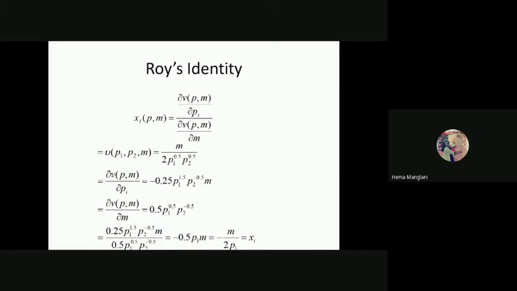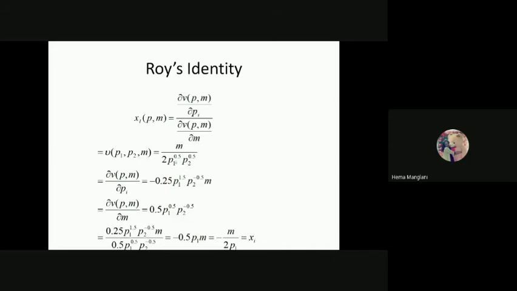So I would differentiate this V with respect to prices, and here I am taking price 1. Here I put i, which you can take as 1 or 2, but if I want to calculate my demand function x1, then I talk about only p1. If I want to calculate demand function x2, then I'll talk about p2. So here it is p1.